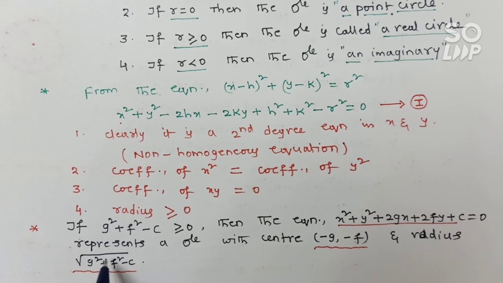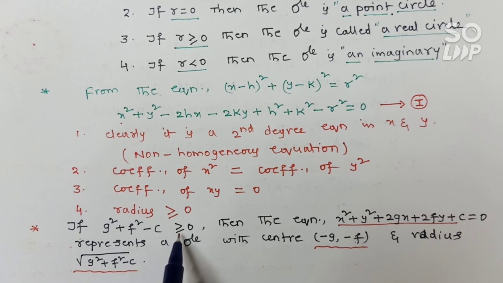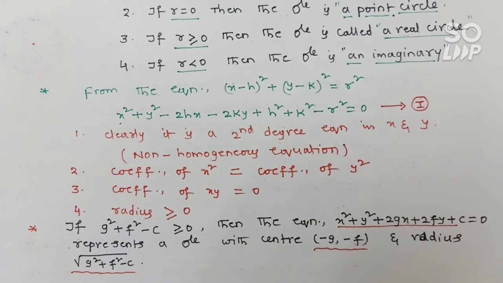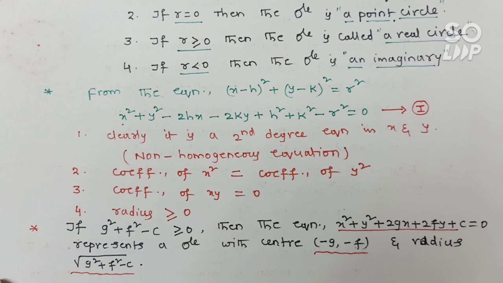So here, under the root this value must be either positive or 0. So that's why the condition is g square plus f square minus c greater than or equal to 0. Okay. So greater than or equal to 0.